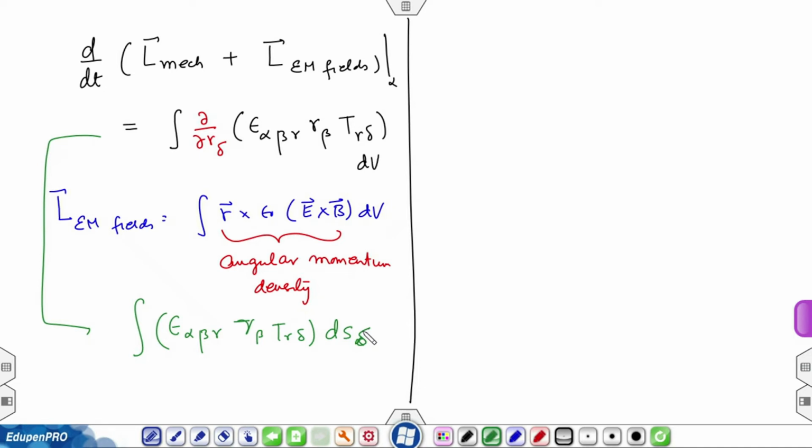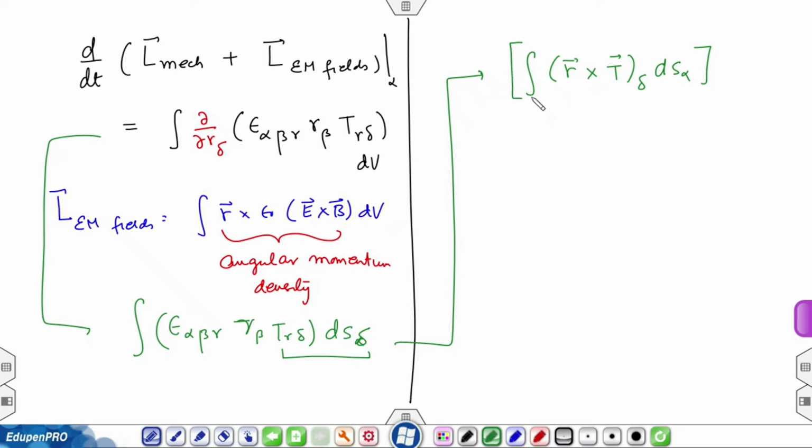So, it is like that force acting on the surface and its moment. So, this is nothing but integral R cross T delta component dS delta, alpha component of this.